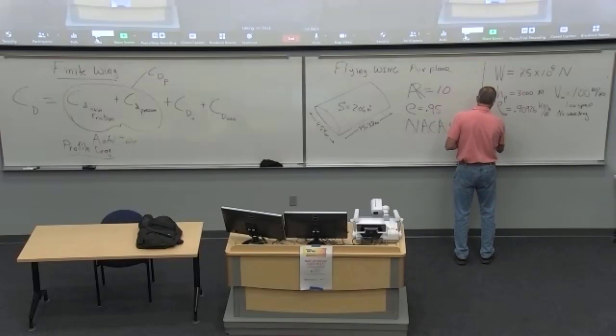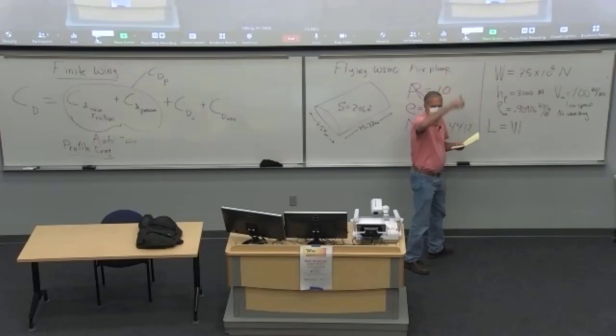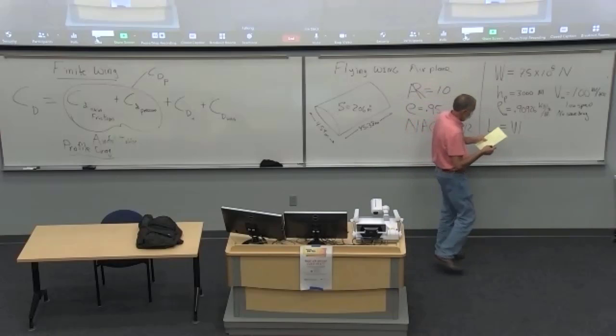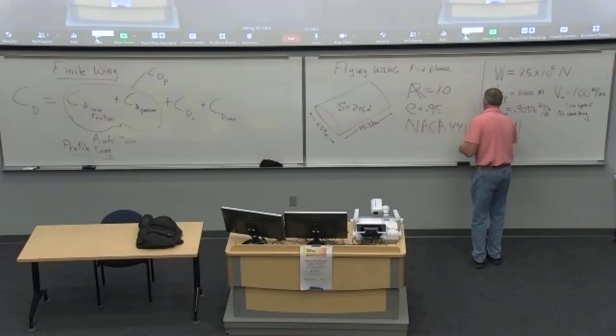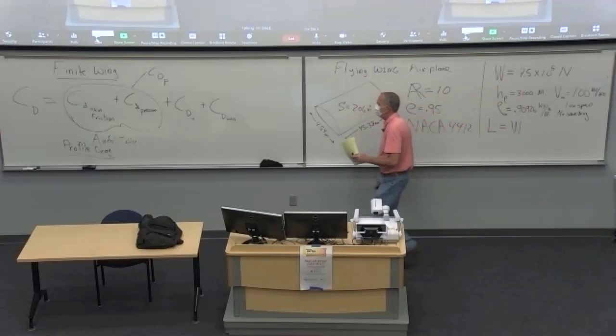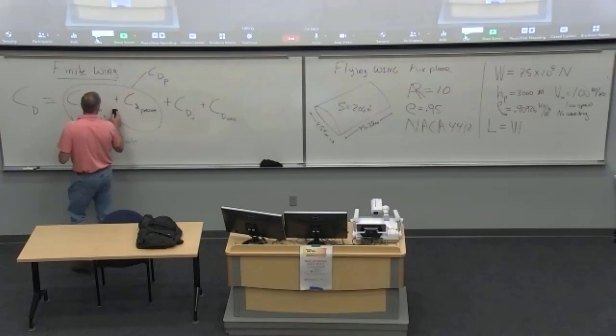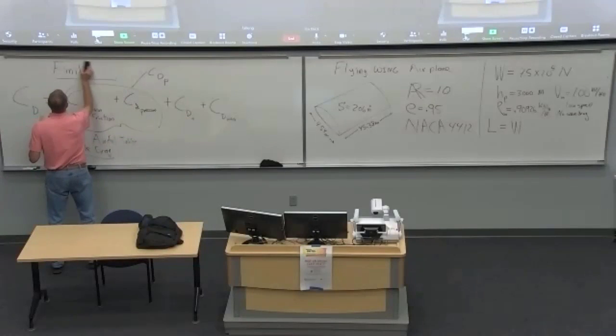We're flying in cruise, so lift is going to be equal to the weight. Lift is up, weight's down. If we want to fly in cruise in steady state, that's what we got. So I need to calculate my induced drag, C_DI, and I get this for that airfoil from the tables.